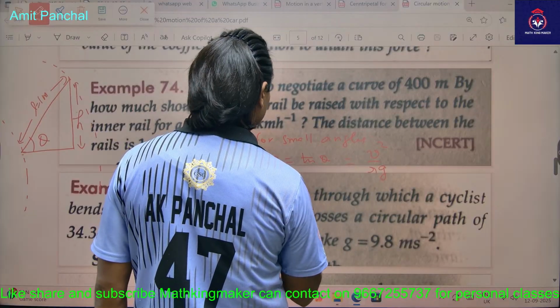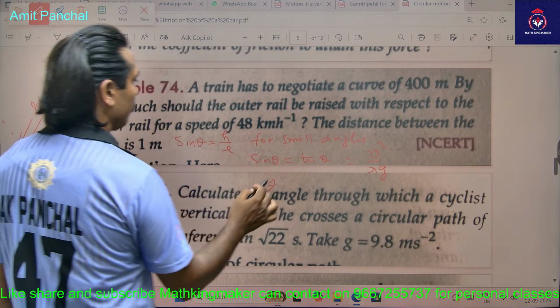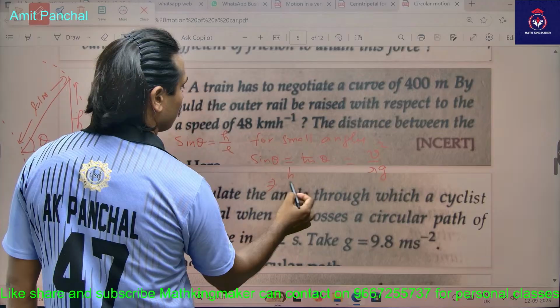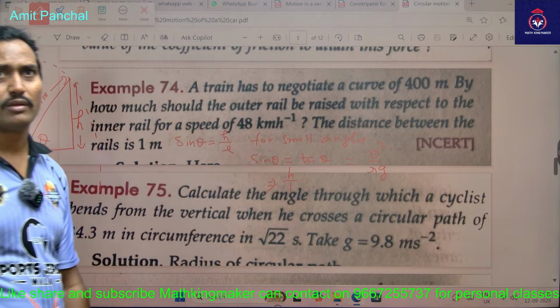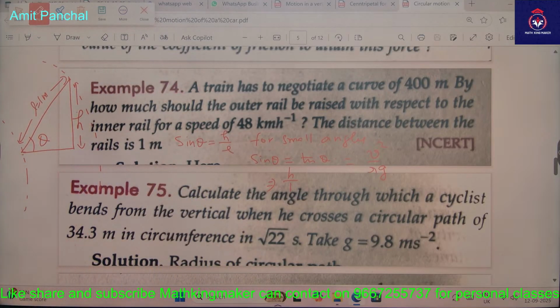Tan theta is h by 1. Why would tan theta be v square by rg? That is the formula. Okay, so we can find out h from this expression.